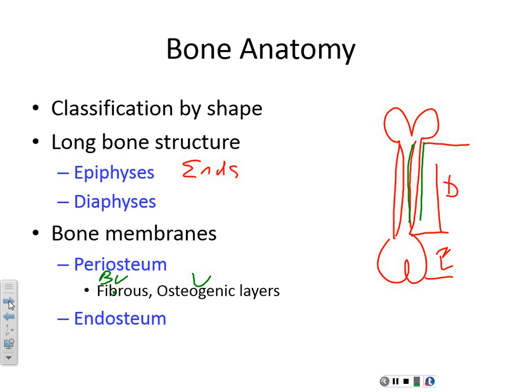So know the membranes, know the cells, know the structure of bone, like the epiphysis, what it is, and then the diaphysis. On the epiphysis you've got a covering called articular cartilage. Some bones will grow from the articular cartilage. There's no epiphysis, right?